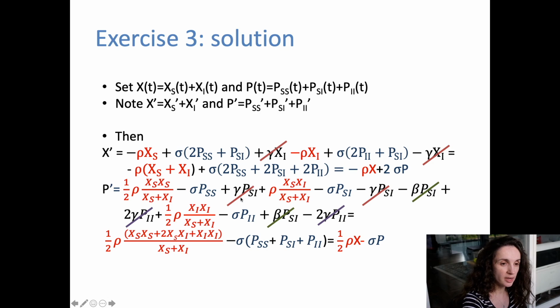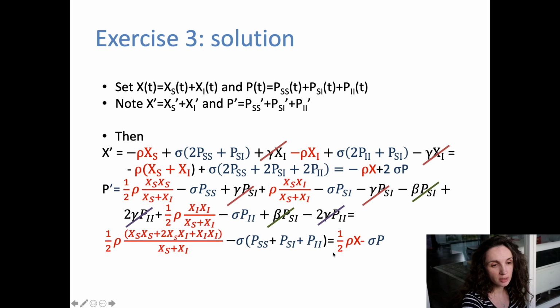We cancel what we can in the remainder, and we arrive at the following expression: 1 over 2 rho times the sum of permutations of single compartments divided by the total sum of the single individuals, minus sigma times (pss plus psi plus pii).